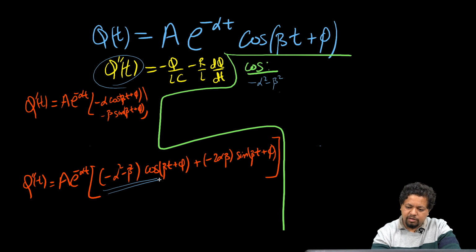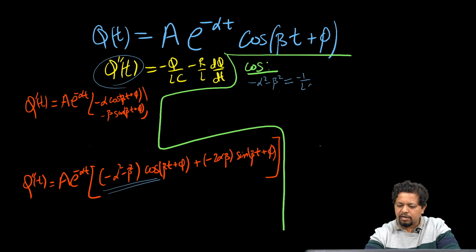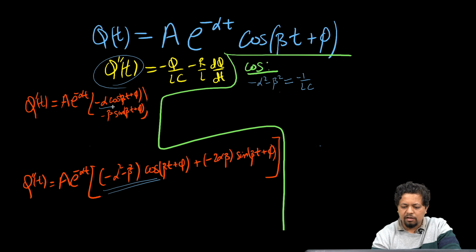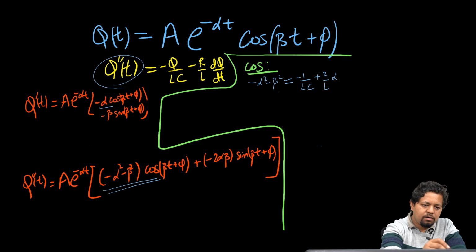Comparing the coefficients, from the left hand side I get minus alpha squared plus beta squared, and that must be equal to the right hand side, which is minus q by LC. From q I get the cosine coefficient as simply 1, multiplied by 1 over LC, so I get that. And from dq by dt I've got a cosine term whose coefficient is minus alpha, so I get minus, plus r by L times alpha. That's my equation 1.